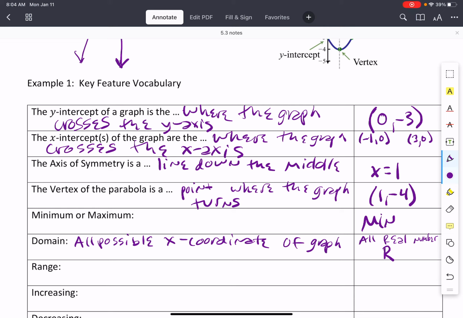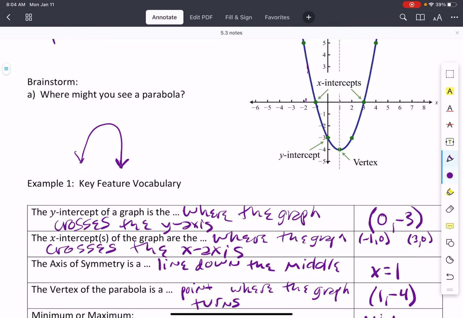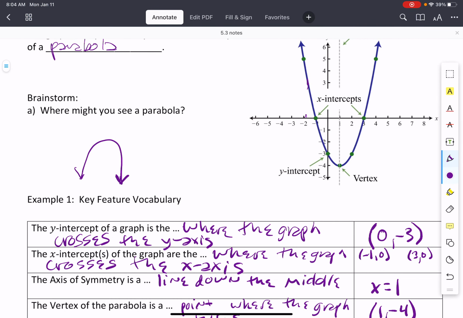Okay? Okay, so the range is all possible y coordinates. Okay? Okay, so let's look at the graph right here. Do I have a point on this graph that has a y coordinate of like 5?